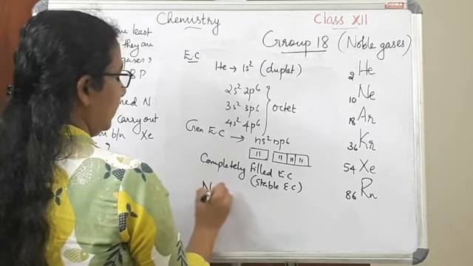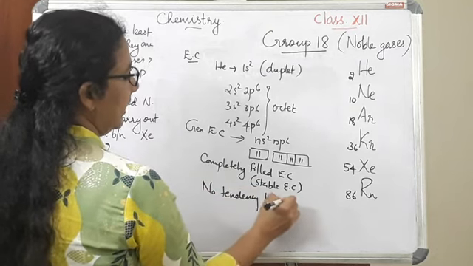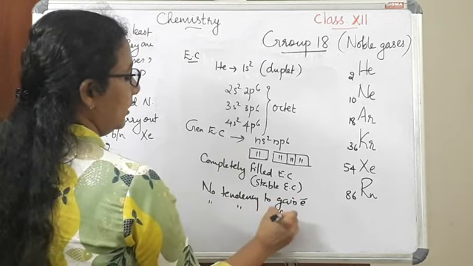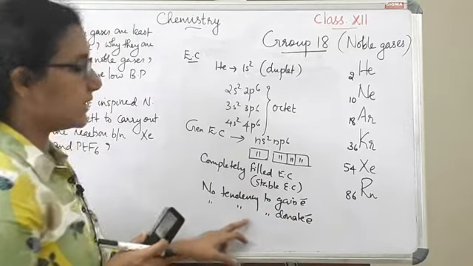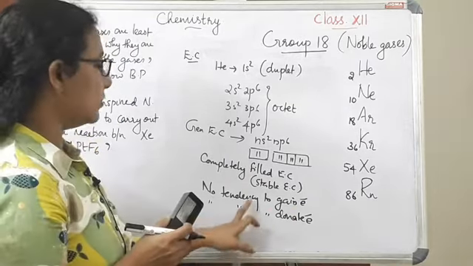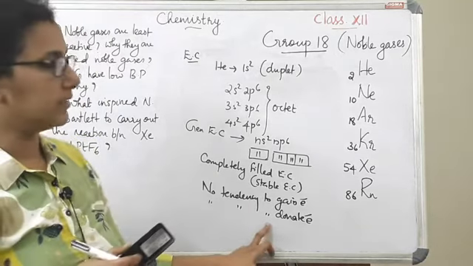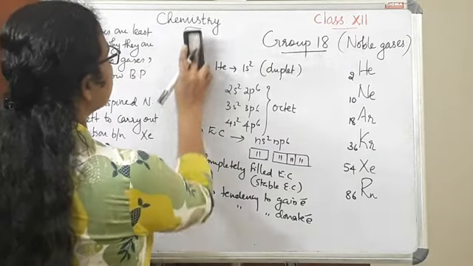So there is no tendency to gain electrons or no tendency to donate electrons. That is about the electronic configuration of group 18 elements.